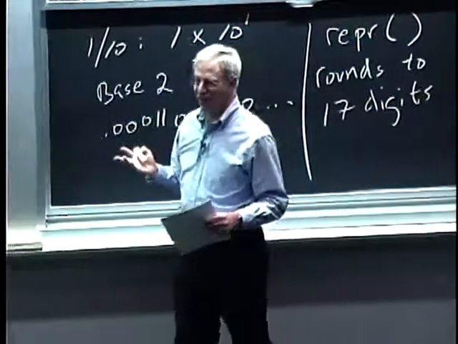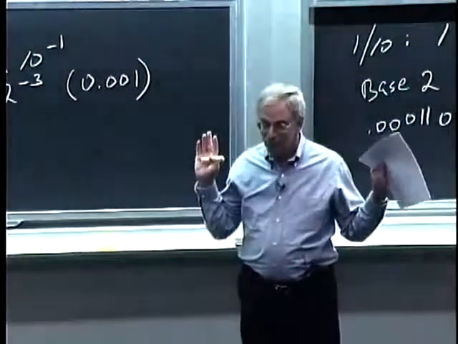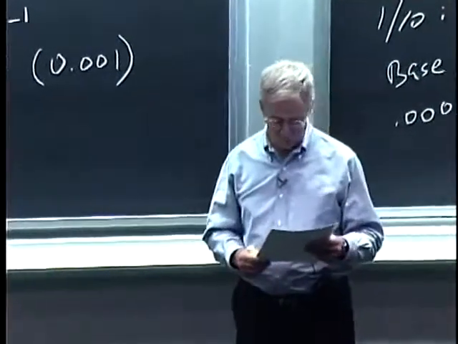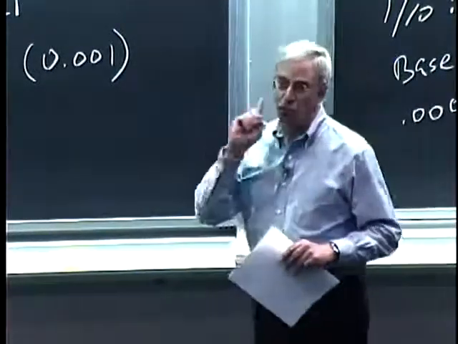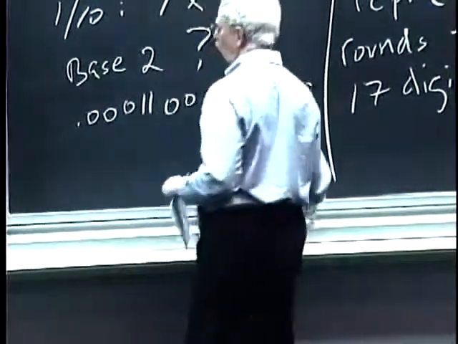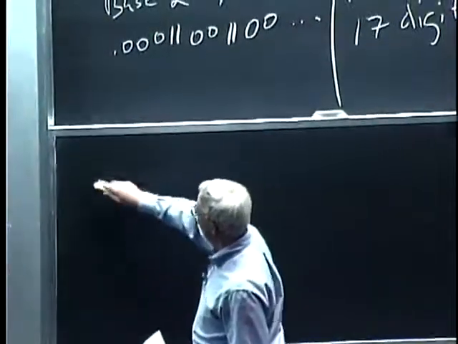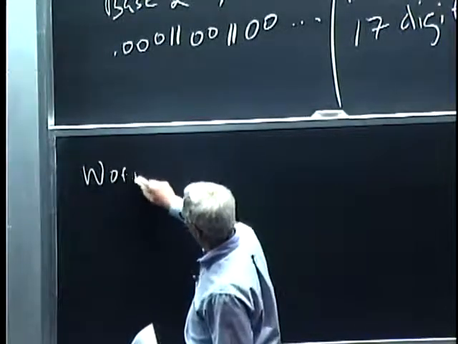But, as we say in Latin, caveat computor. Sometimes you have to worry a little bit. Now, there is one thing about floating points about which you should always worry. And that's really the point I want to drive home. And that's about the meaning of double equal.